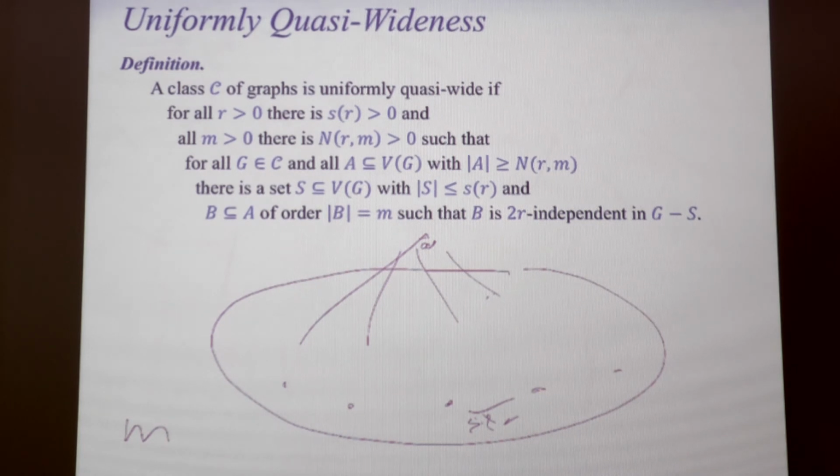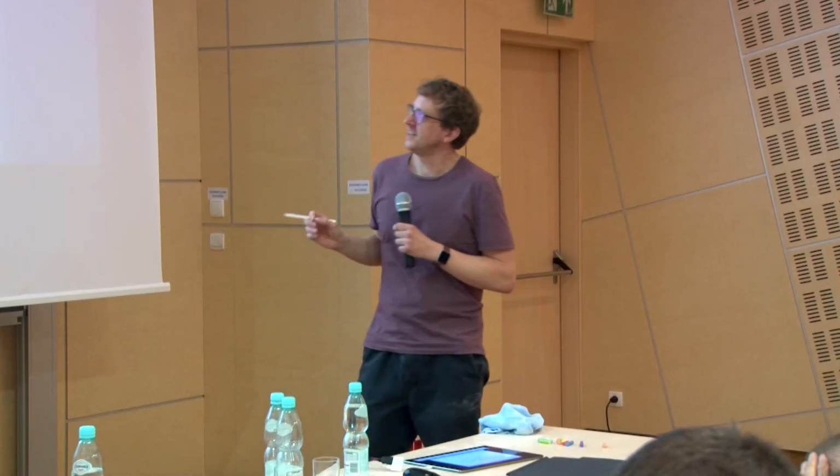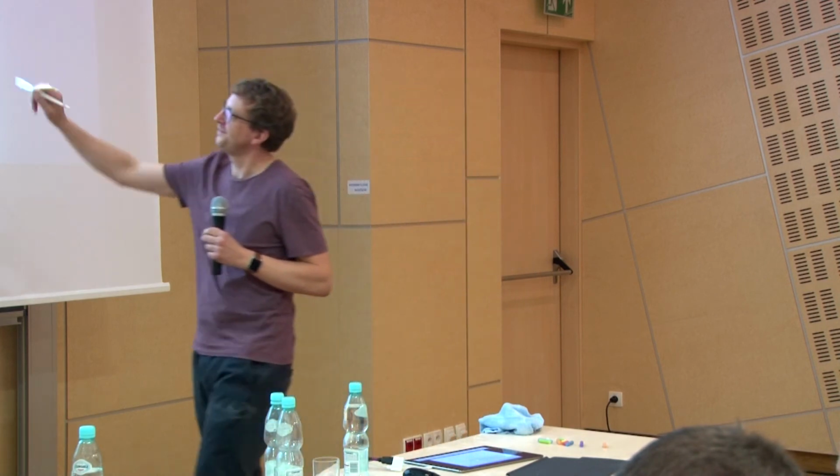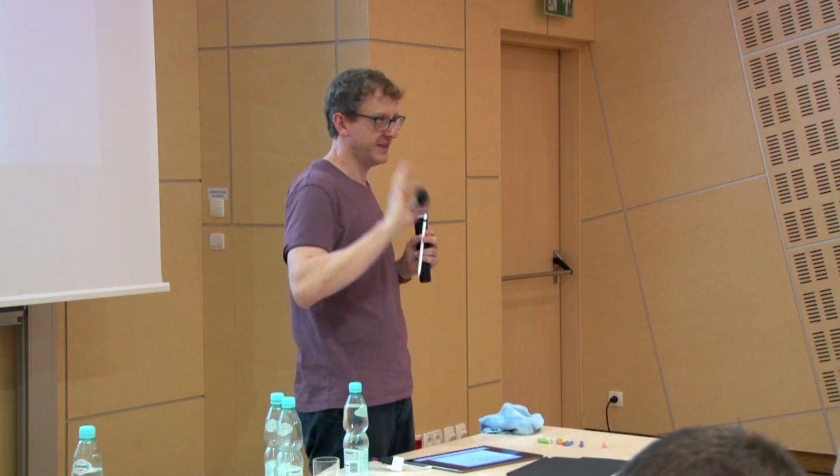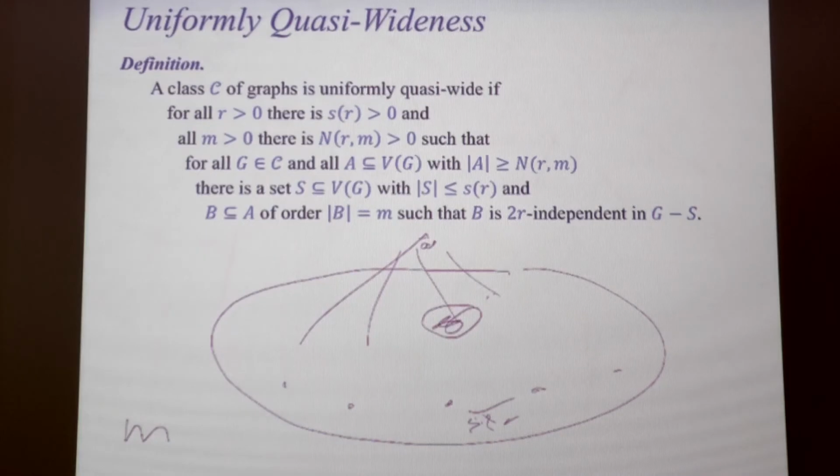And this is what uniformly quasi-wideness just says. It says I can find a small number of vertices, and it only depends on the radius and not at all on where I want to find it. And once I delete these guys in here, then it's a game between us. You say, well, this is the radius I want to find, then I, as a good guy, delete these vertices.